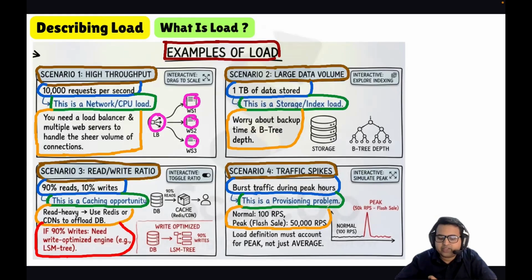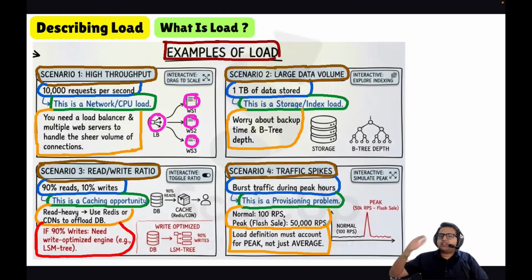So your load definition must account for the peak and not just averages. This is very important. When we are defining the load, we should also talk about the peak load, because our system should be capable of handling the peak load. Otherwise, the system can break.